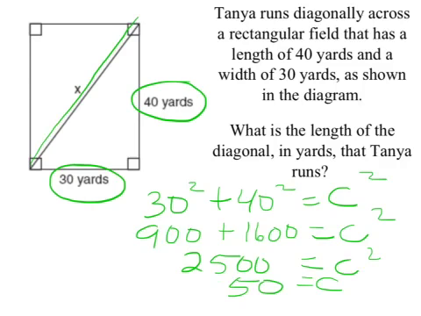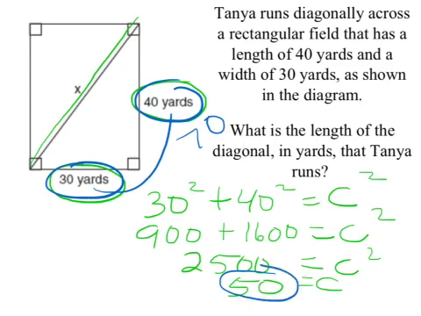So in this problem, there's a couple of interesting things to notice. One is that if Tanya had to run from corner to corner without cutting through the field, she would have had a larger distance. She would have had to go 30 plus 40, or a total of 70 yards. But by cutting through at a diagonal, she only has a distance of 50 yards. So her distance is shorter.